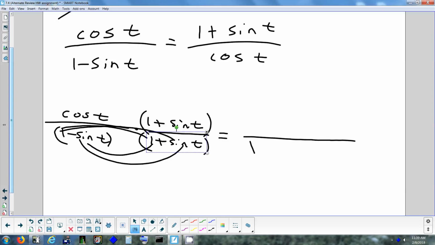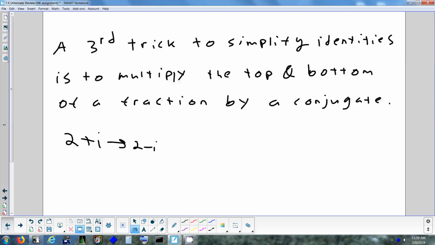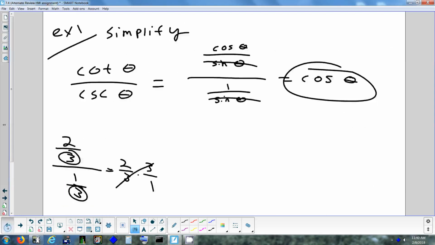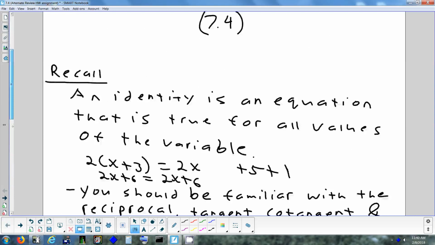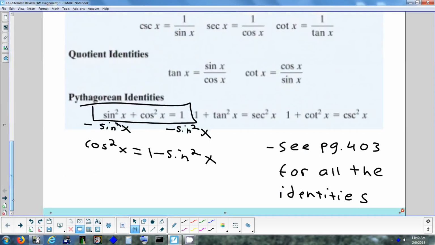Negative times positive would give me a negative sine squared. Now, the reason I did that first is because I see 1 minus sine squared. And if I go back to this, I remember doing that earlier. 1 minus sine squared is a trig identity rearranged.